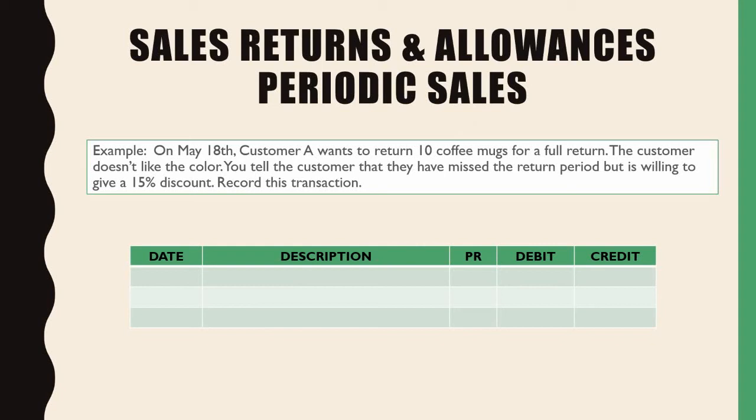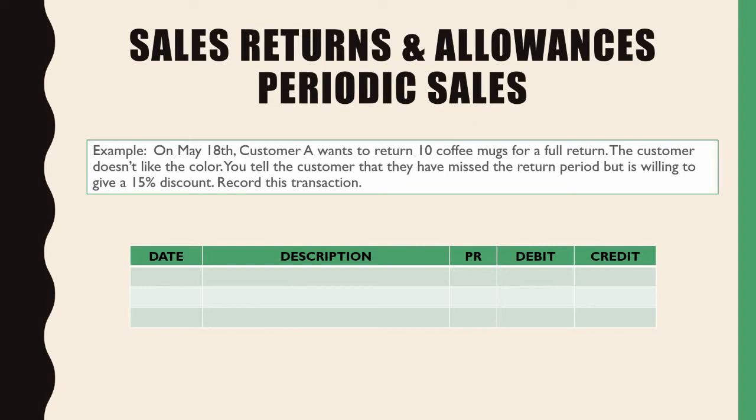So in this case, how are we going to record this transaction? You're gonna debit sales returns and allowances for $7.50.